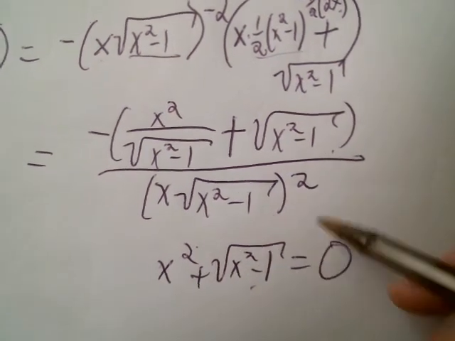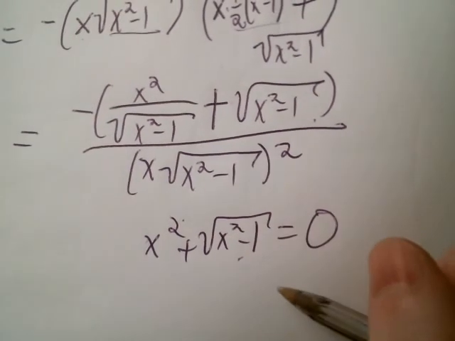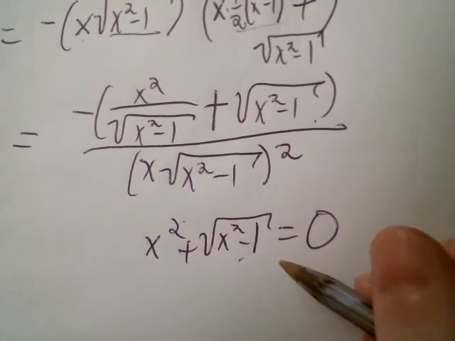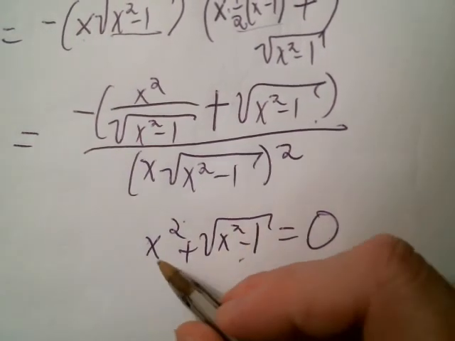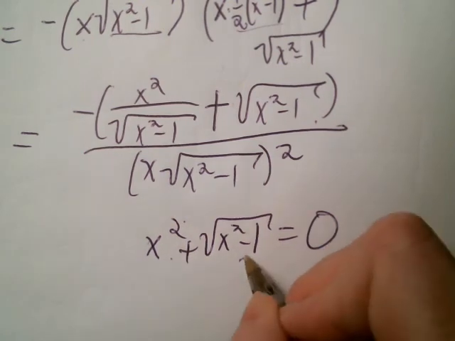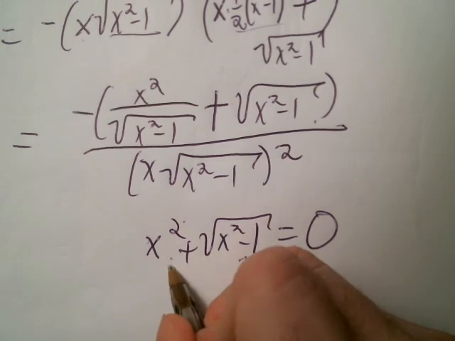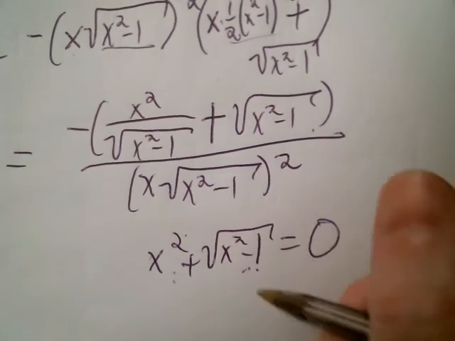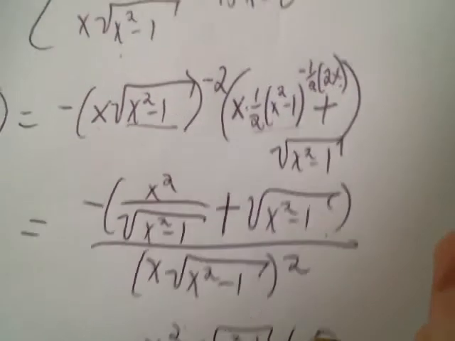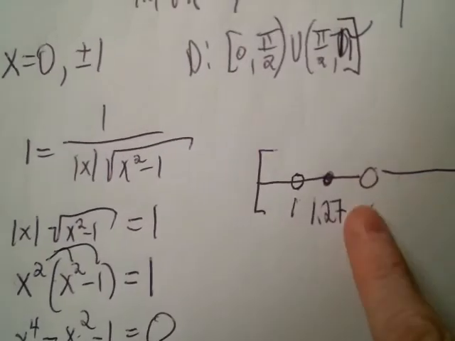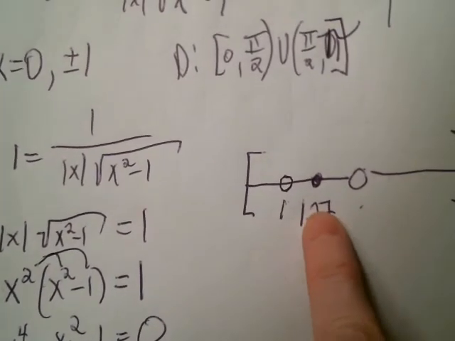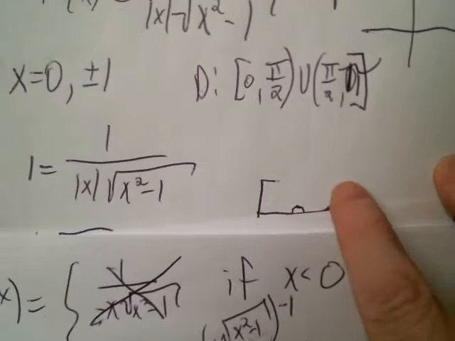And the only way for them to equal 0 would be if they both equal 0, right? And there's no way to have that happen, because if this is 0, this won't be 0. And if this is 0, this won't be 0, right? So that's not going to have any solutions, and you're just stuck with the same stupid points that you had before, right? Because we had sort of the same denominators.